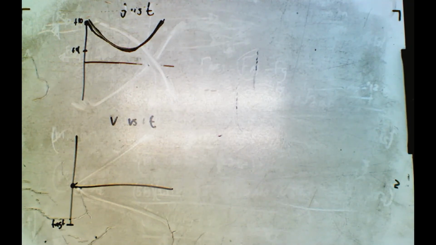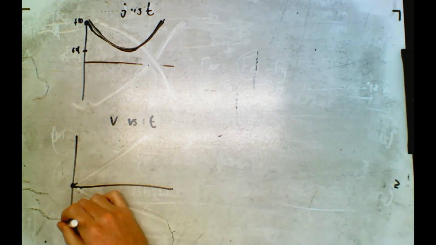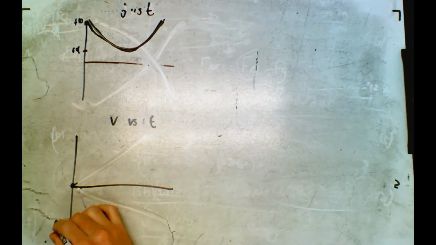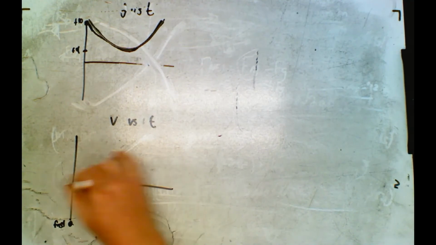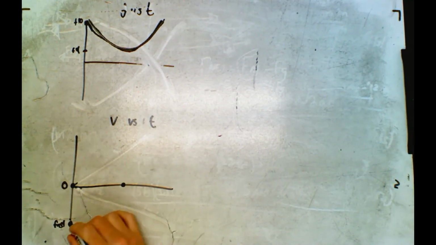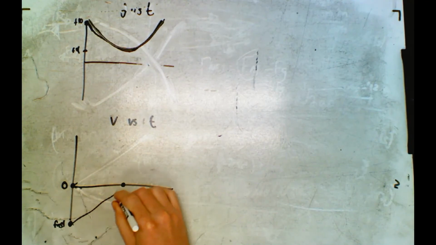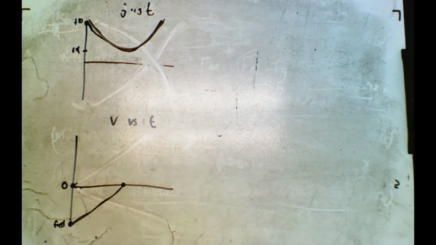Okay, and then what we do for our V versus T is we think of, well, he starts off at a fast speed, but he's going backwards. So here's a fast speed, and he's going backwards, and at a certain point he stops. So this is when he stops right here. Okay, the acceleration is constant, so it'd be like that.